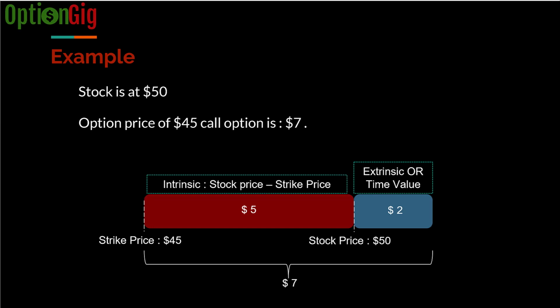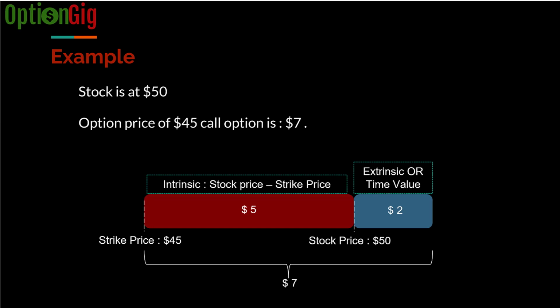Remember, the stock is at 50 and you're looking at a call option contract with a strike price of 45. The option premium, or the price that you will pay to buy that contract, will be $7. Just an example. Now let's break this $7 into the intrinsic and the extrinsic value.